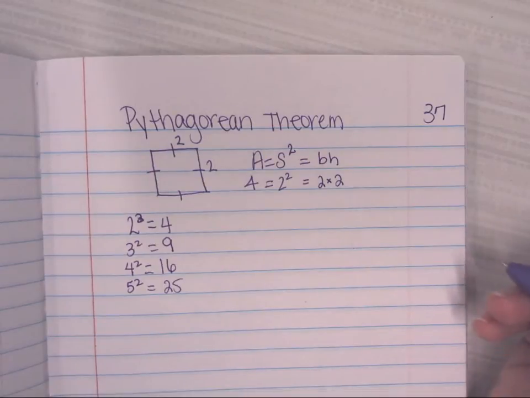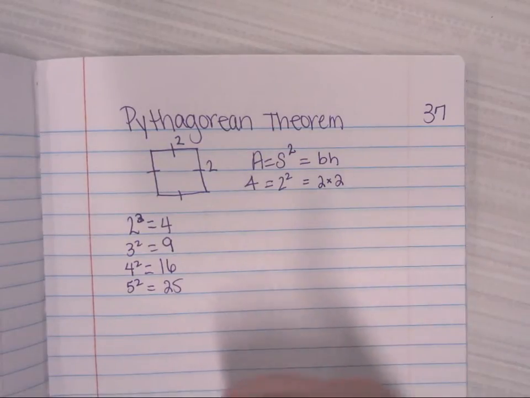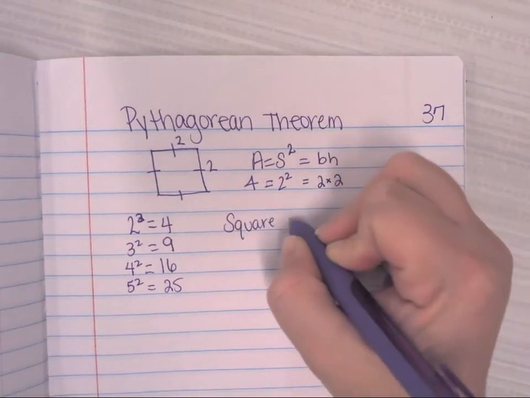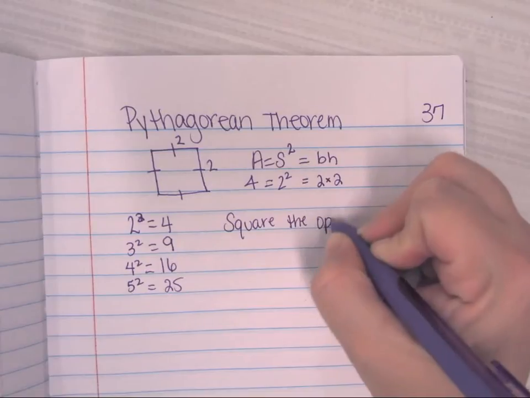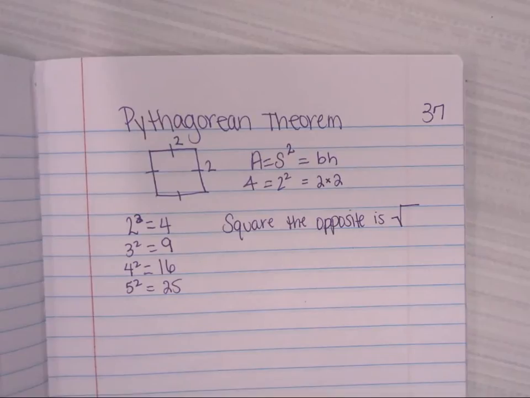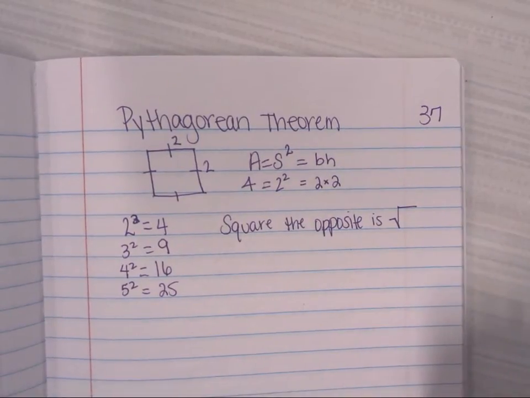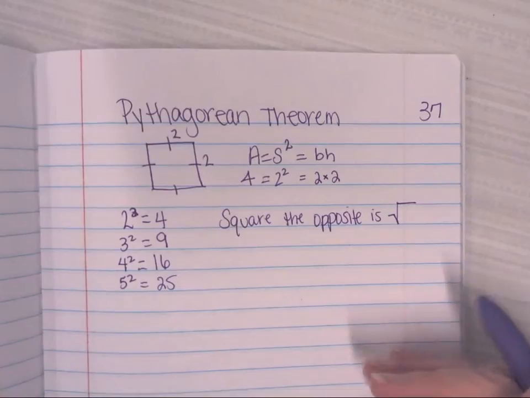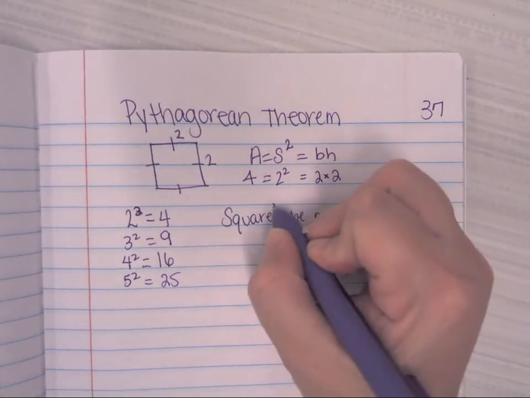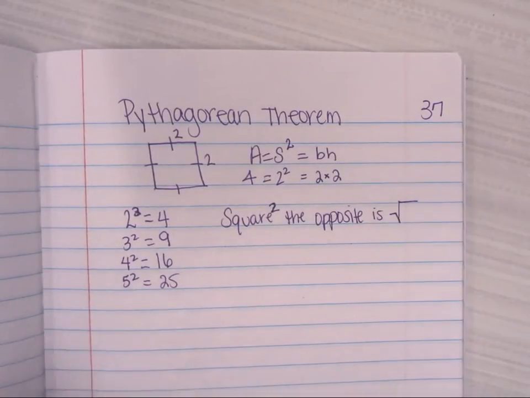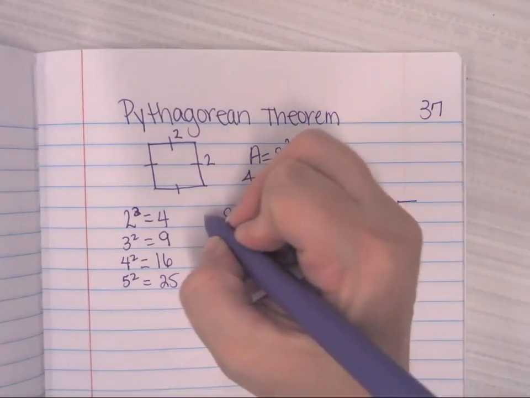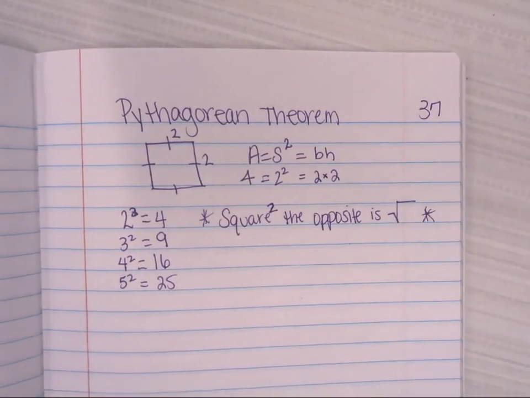Well, the opposite of a square is the square root. Remember when we're solving equations, I tell you that you always have to do the opposite to solve it. So you have to know that the opposite of square is square root. This is not division, it's a radical. It's square root. That's very important for us to know.